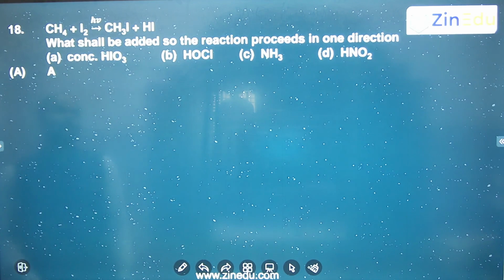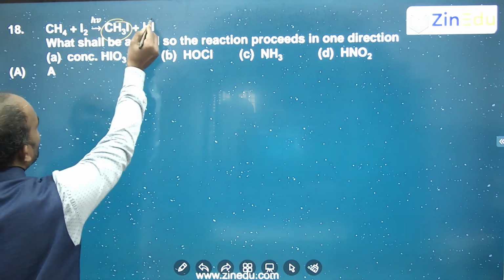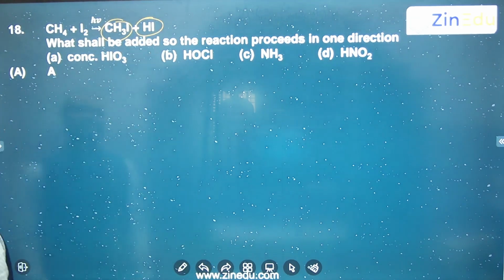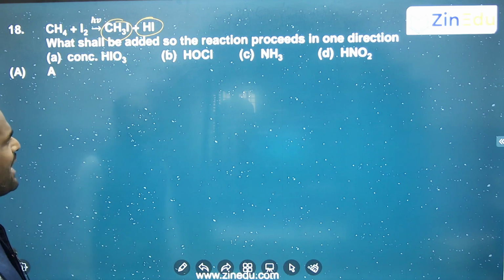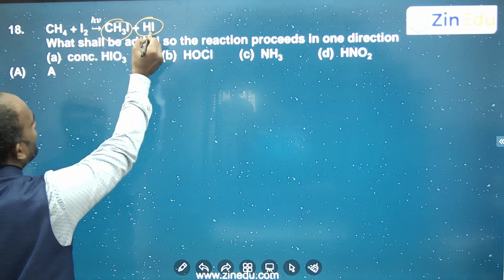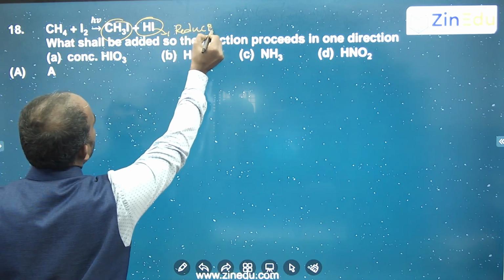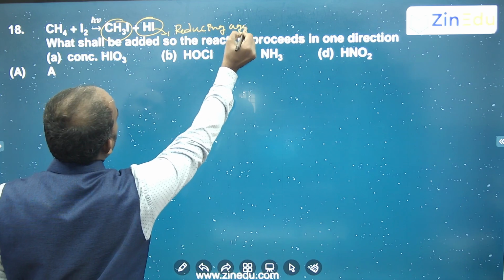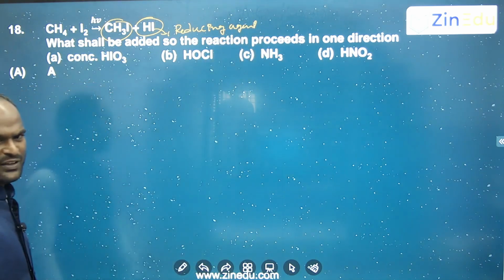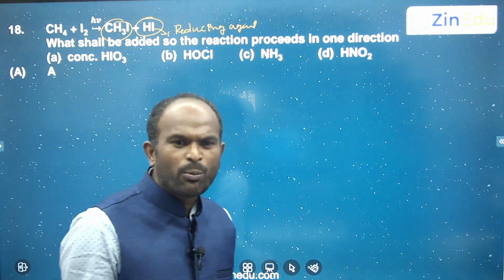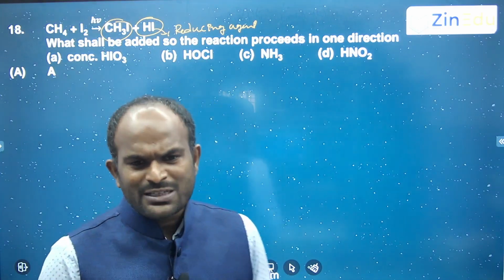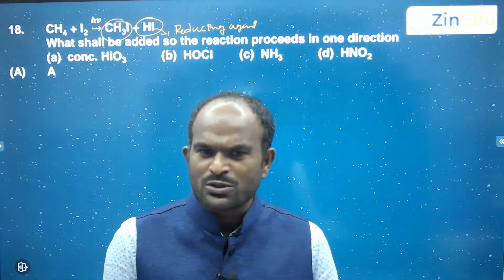CH4 plus I2 gives rise to CH3I plus HI. What shall be added so the reaction proceeds in one direction? Actually, HI is a fantastic reducing agent. It always wants to convert back to I2. That we know, I minus, in fact the problem is with I minus. I minus always wants to convert to I2 by releasing two electrons.